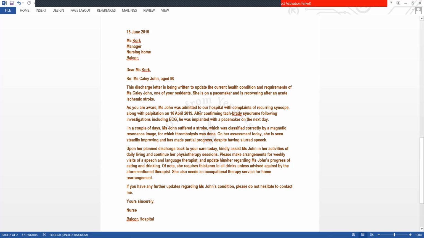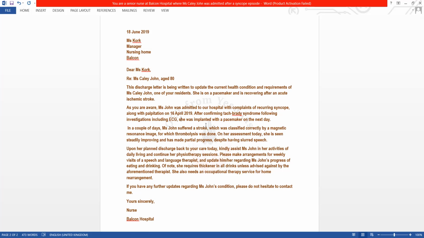After confirming tachybrady syndrome following investigations, including ECG, she was implanted with a pacemaker on the next day. Now, this is a paragraph which details her admission, complaints, and tachybrady syndrome and the treatment.